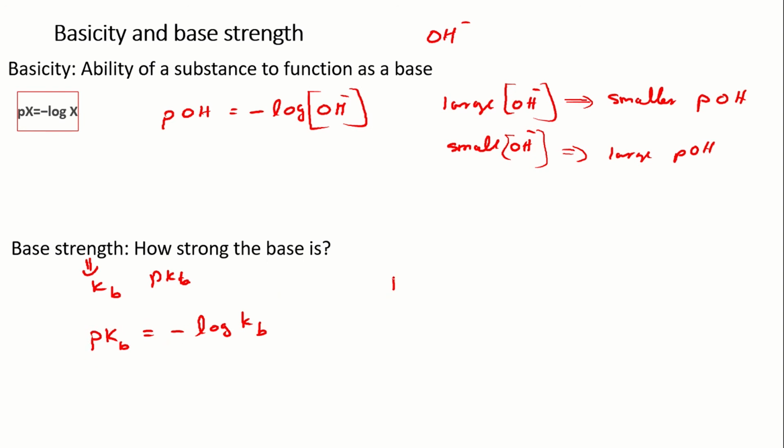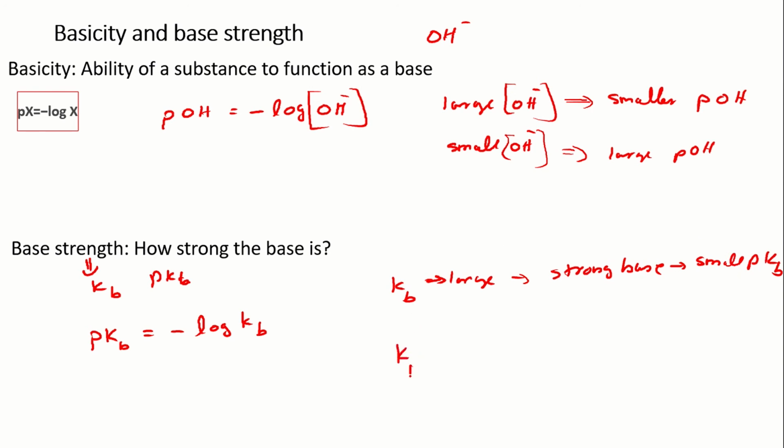Again, Kb, if you have a large value, if Kb is larger, that means it is going to be a strong base. And strong bases have small pKb. If Kb is large, your pKb is going to be small.